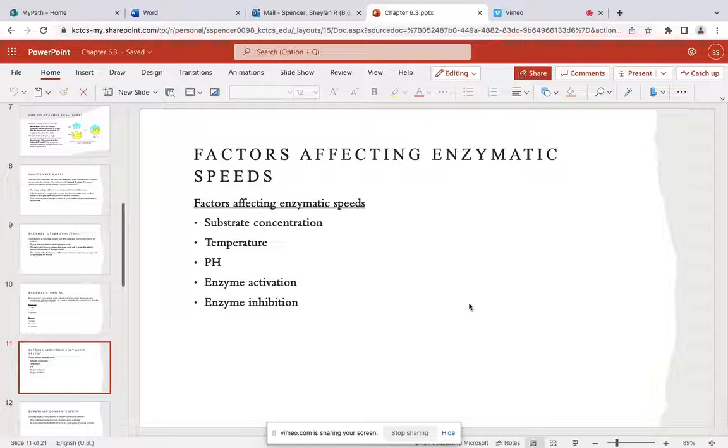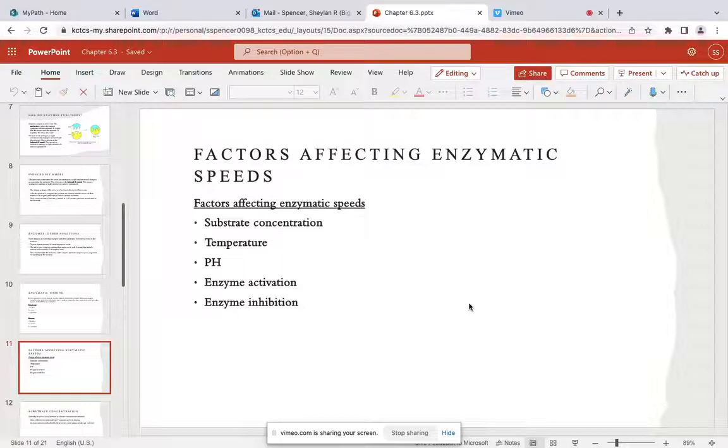You still get the same result. Lowers the energy of activation. That'll for sure be on there. What else? Probably the induced fit model. I think I mentioned that. So, okay, we'll move on.